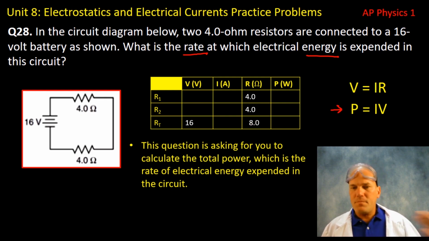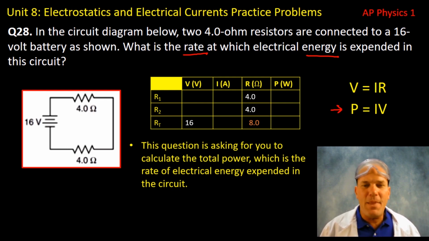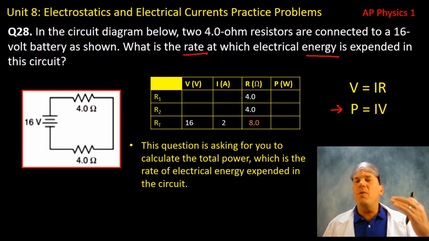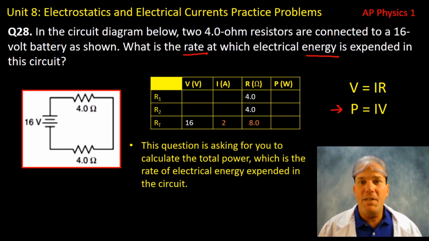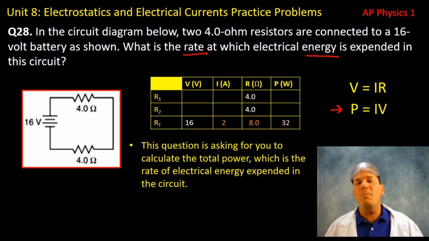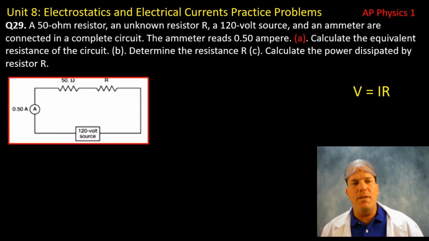All right, so here in this case, because they are in series, we can add 4 plus 4 equals 8, because that's how you find the equivalent resistance or total resistance in a circuit comprised solely of resistors in series. We simply add them up, which means now we can calculate the current. 16 divided by 8 is 2, which means we can very easily calculate the power to be 32 watts, the total power, which is the electrical energy expended.